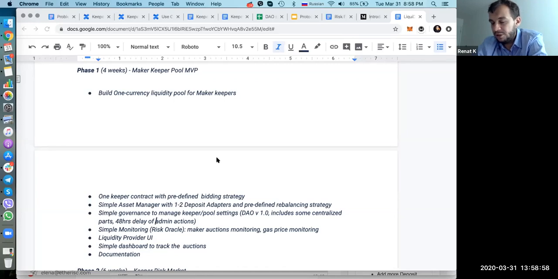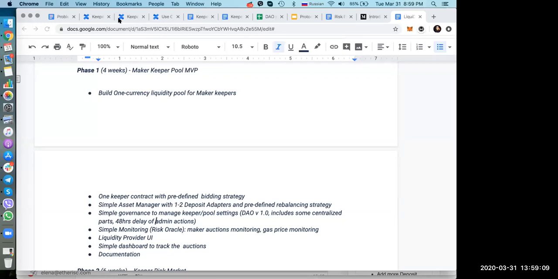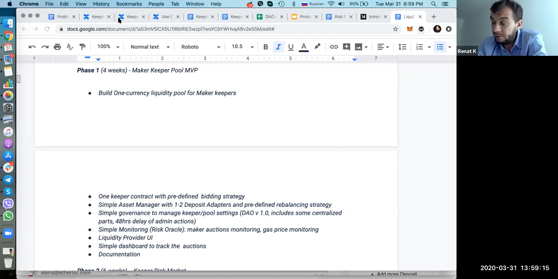We have one of the individuals in our community who ran a keeper in the period of volatility, right? You mean the 12th of March? Yeah, 3 weeks ago. He said that the percentage of auctions that they were able to win was relatively small. And even when they added significant amounts of capital, they could compete at a much better pace, right?